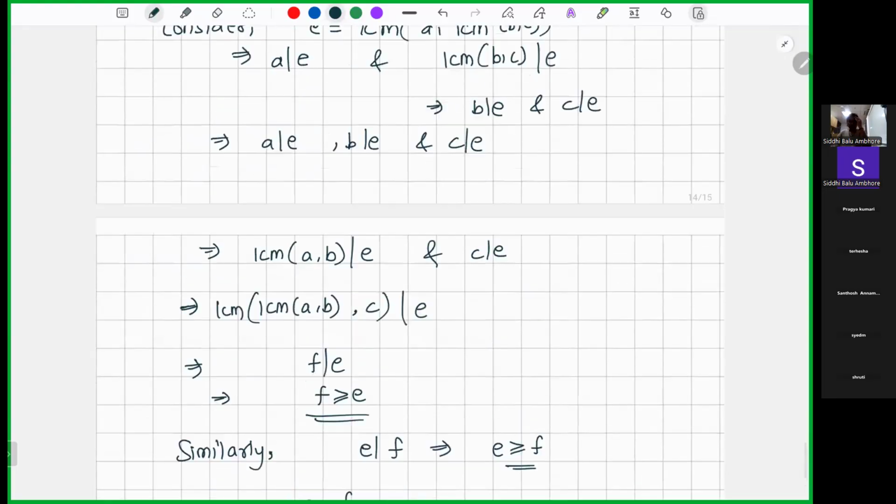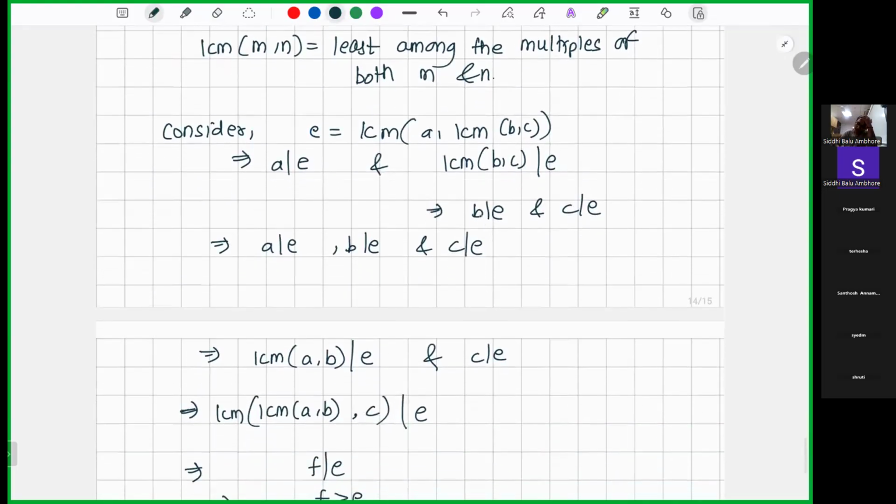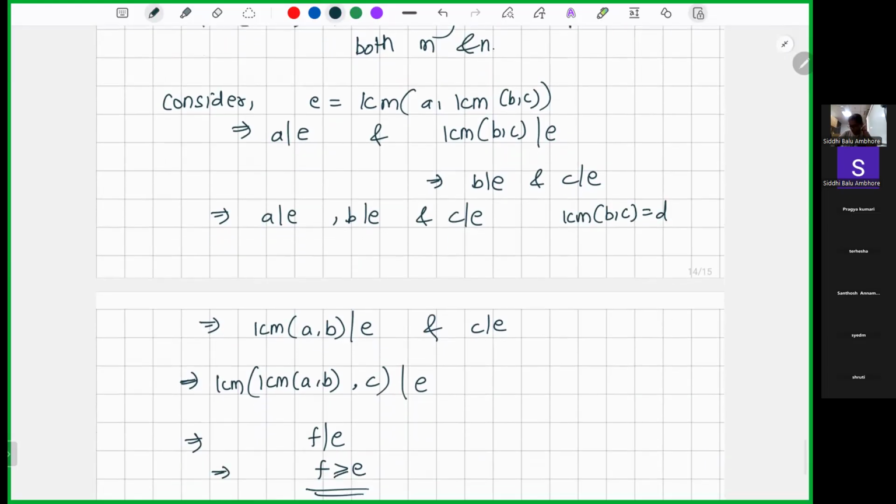Okay, any doubts in associativity? To see this, what is LCM of b and c? If LCM of b and c is some D, we just check.